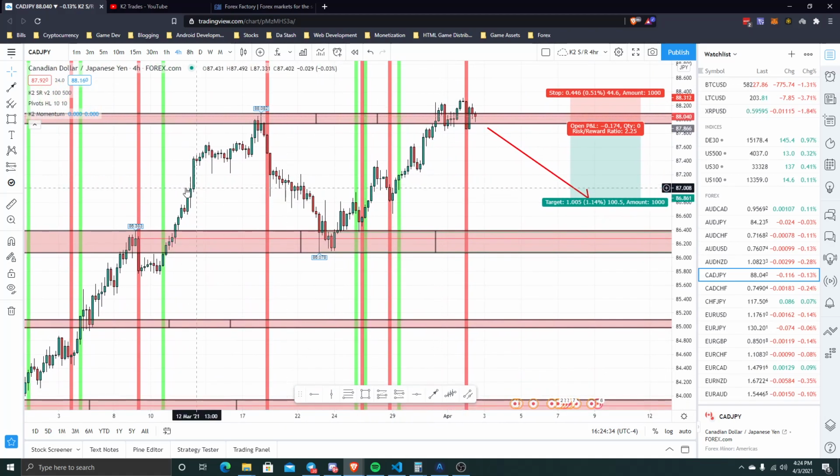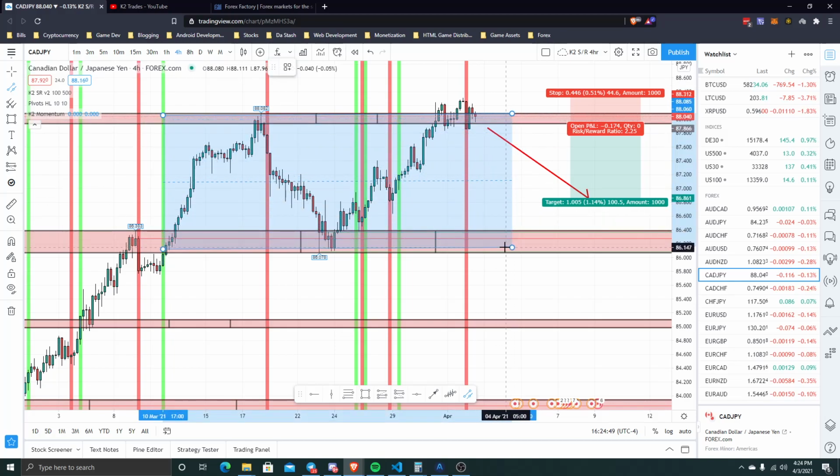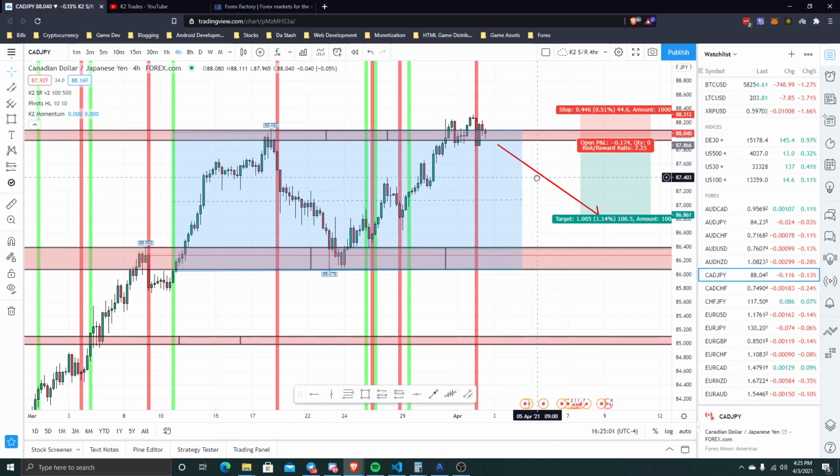As you can see, since the early part of March, if we draw our channel here, it's been moving sideways. It's been going up and down, and now it might potentially go down to this point here again at the zone. Like I said, we have to wait and see it play out.